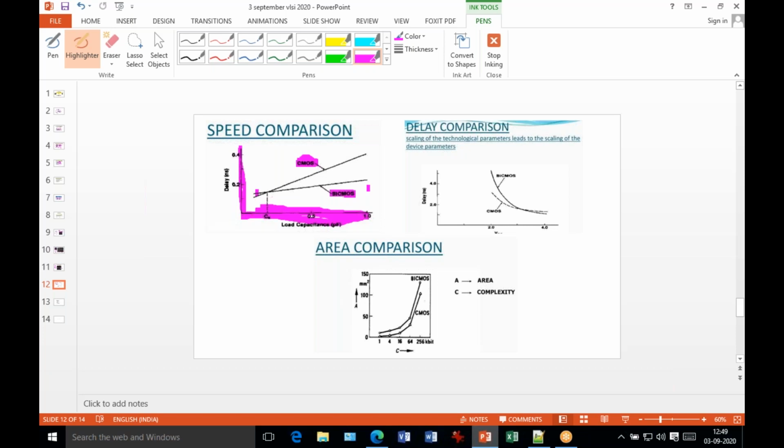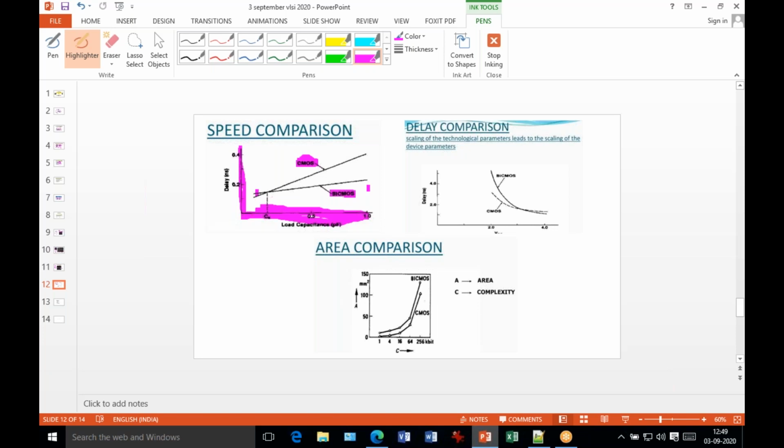This is a good factor in case of BiCMOS. As we talked about the delay, delay is very less. Of course, the speed of the circuit is very high in case of the BiCMOS device.